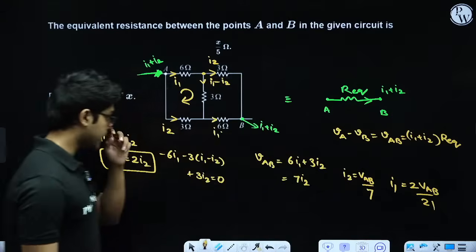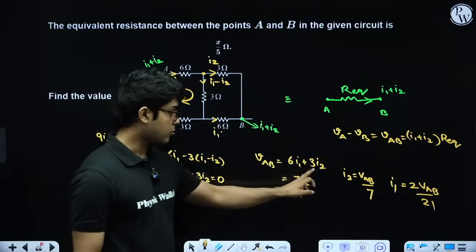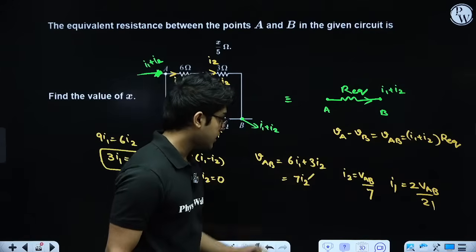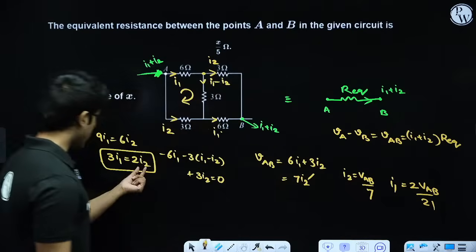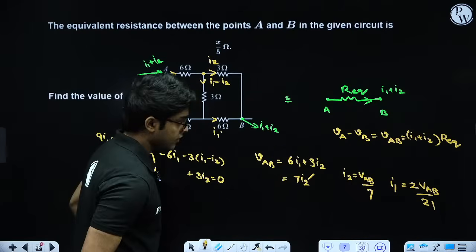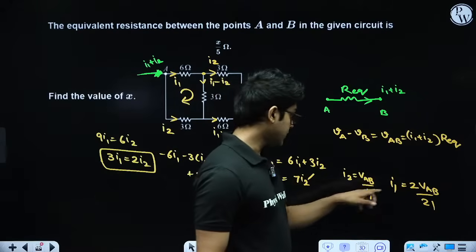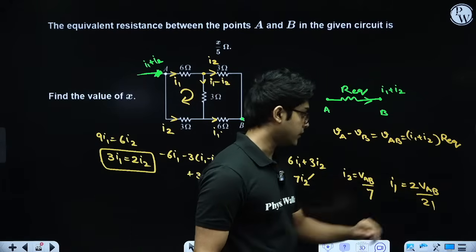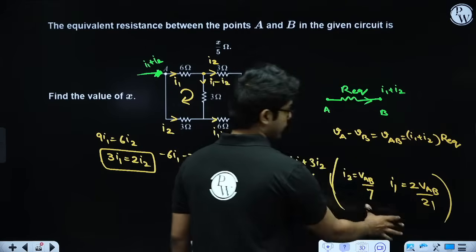So let's confirm again, 6I1 would be double this, which is 4I2, 4 plus 3 is 7I2, okay. From here I2 is VAB divided by 7, and also I2 is 3 by 2 I1, or I1 is 2 by 3 I2. So 2 by 3 times this value is 2 by 21 VAB. So now we have I1 and I2, that we can substitute over here.